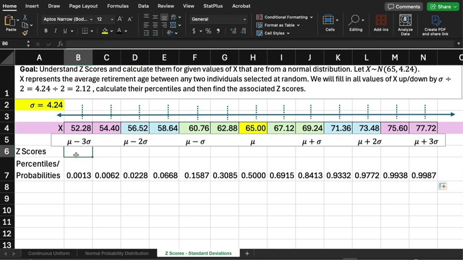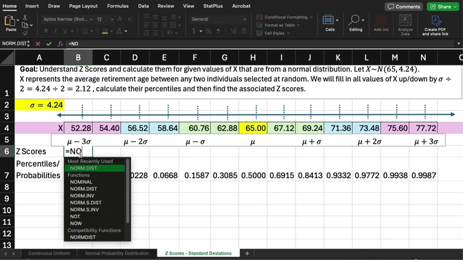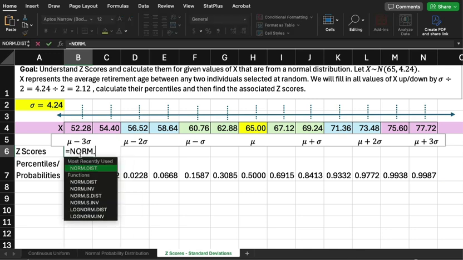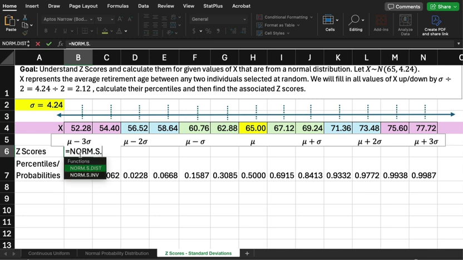So to get the z-score now, I'm just going to type equals NORM.S.INV, open parenthesis. And notice you'll see a little bit of a help there. It's looking for a probability. So I'm just going to copy the probability from B7. Close parenthesis.